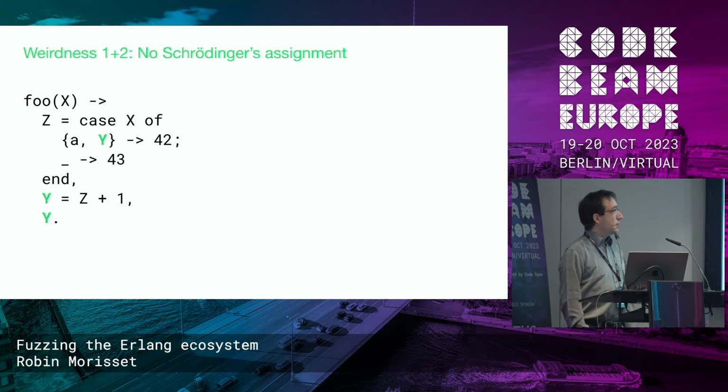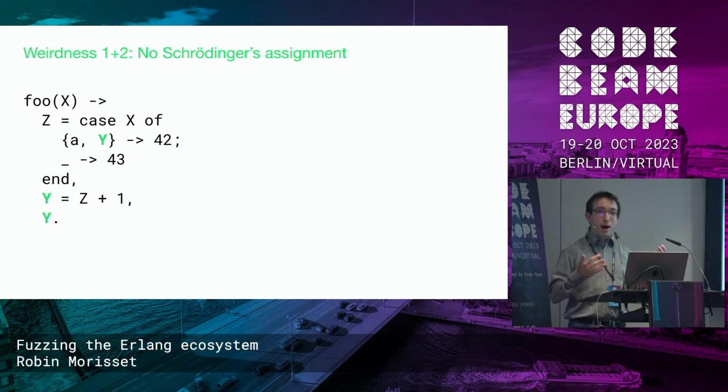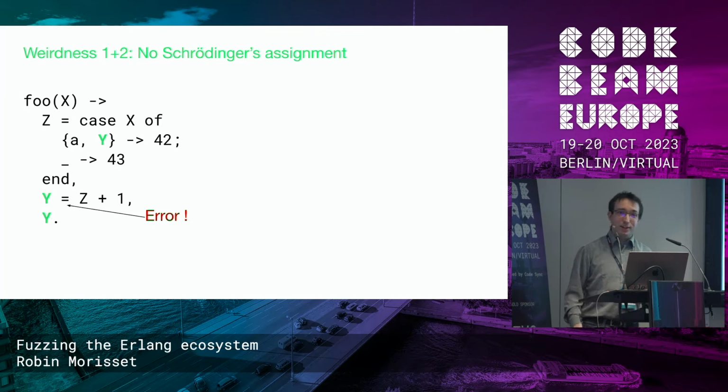But then when you combine the two, you end up with examples that are a bit surprising. For example, here we are defining y on one side of the branch, not the other, and then I am doing y equals something. What does this do? Does this do an assignment, an assertion? Well, the erlc compiler is sane, so it just says no. I can't deal with that.